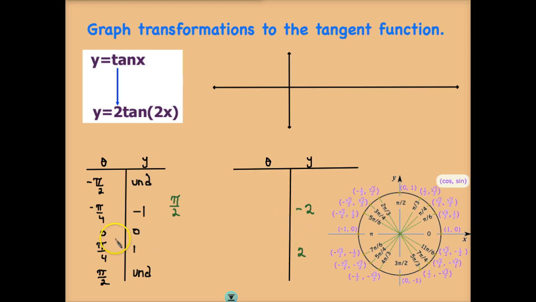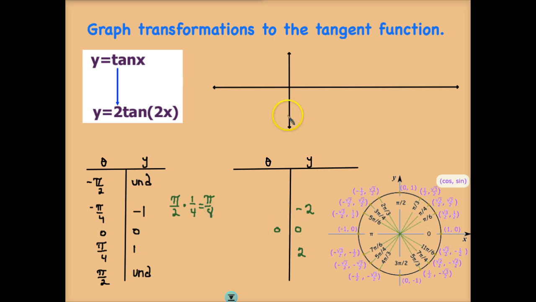The easiest thing, though, is to start with 0, 0, because at 0, we still have 0 here. Now, what we know is that every pi over 2, we're going to complete a full rotation. We need to know our quarters. So if I multiply this by 1/4, we know that we're going to have quarters every pi over 8.